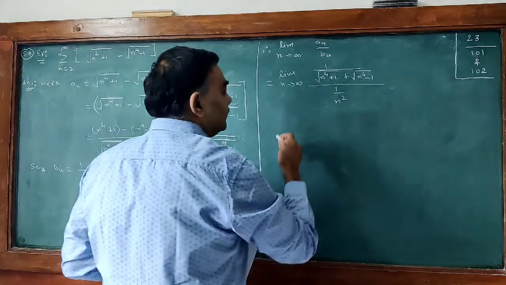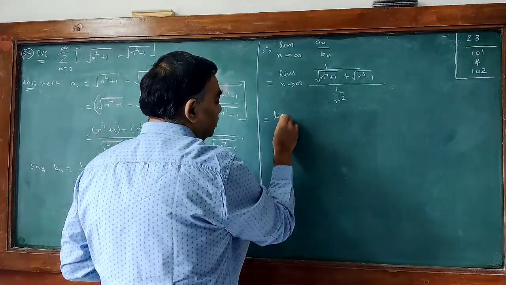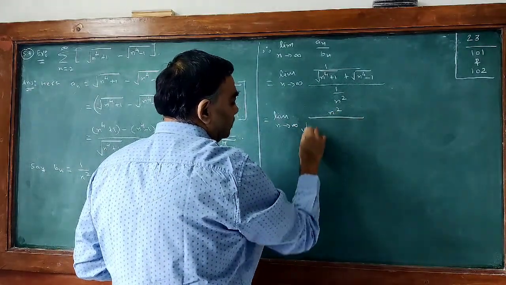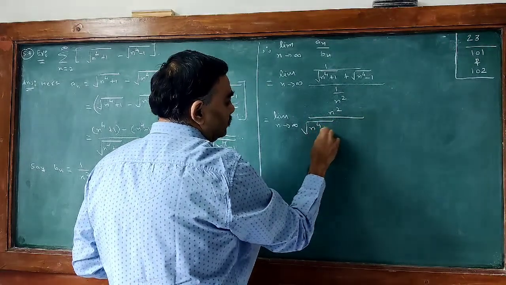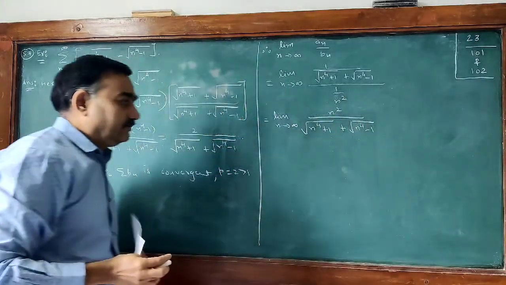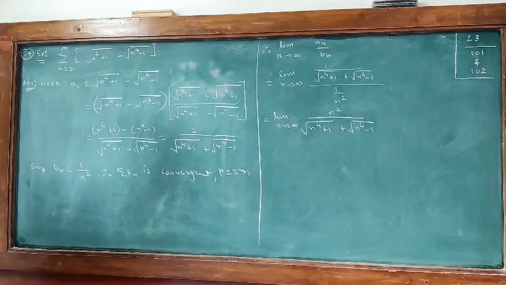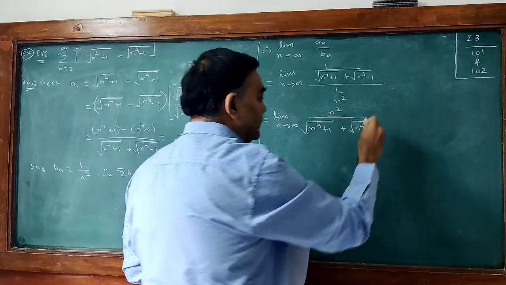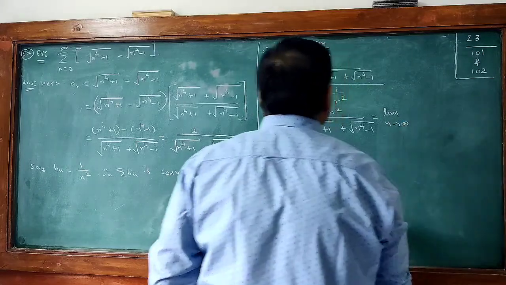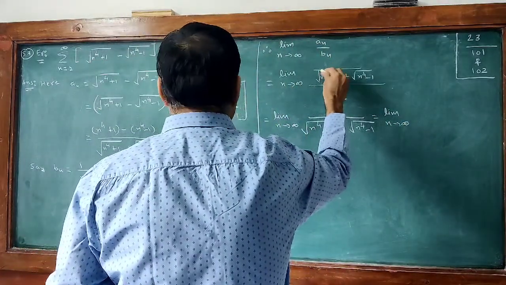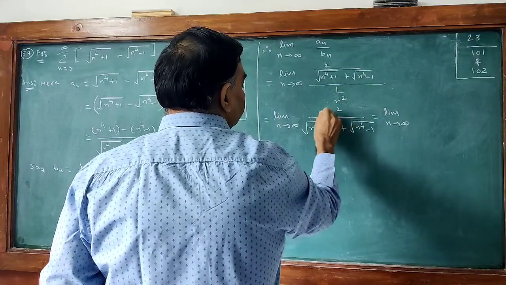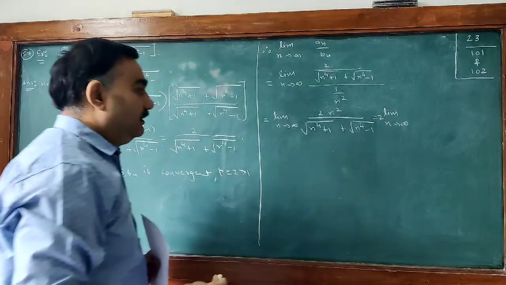We simplified and therefore this is equal to limit n tends to infinity n square on square root of n raised to 4 plus 1 plus n raised to 4 minus 1. So this is equal to limit n tends to infinity, it was 2 upon, 2 is outside, n square.